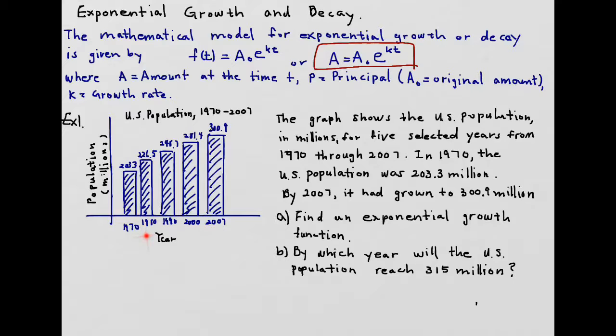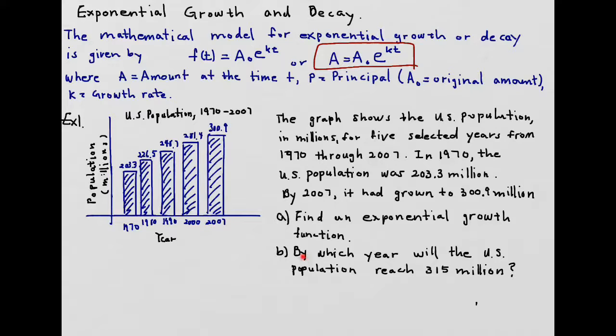In 1980, you have 226.5 million, and so on. The last measurement you have is 2007. The population was 300.9 million. With that in mind, they want you to find the exponential growth function. So we want to build the equation from this given information.